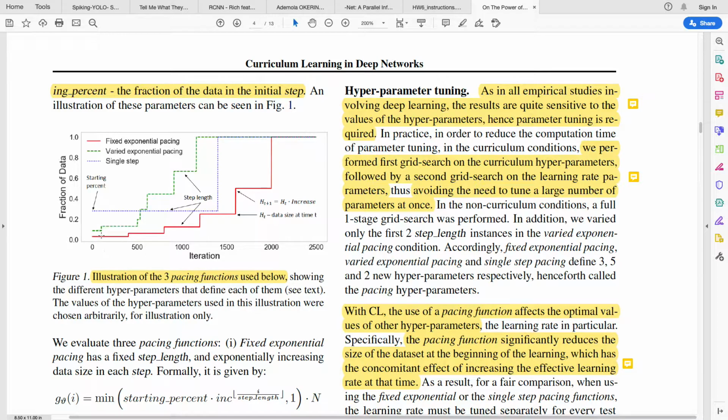You have the fixed exponential pacing function. What this is saying is that as the number of iterations in your training proceeds, you give it a certain fixed number of training examples. Let's say here they give it roughly 500.